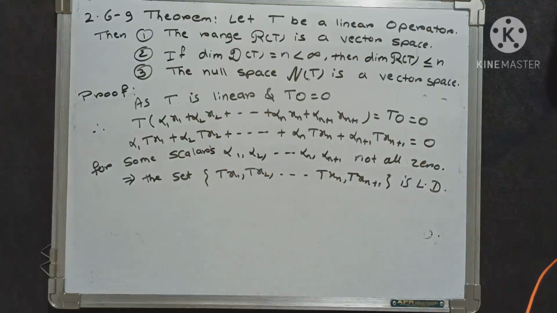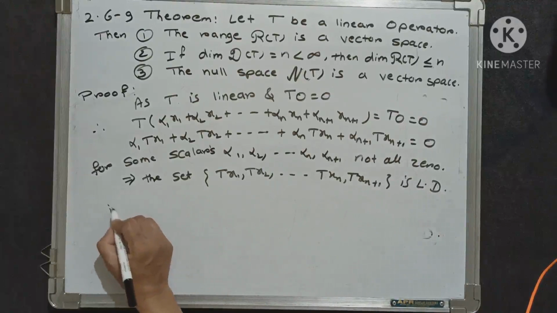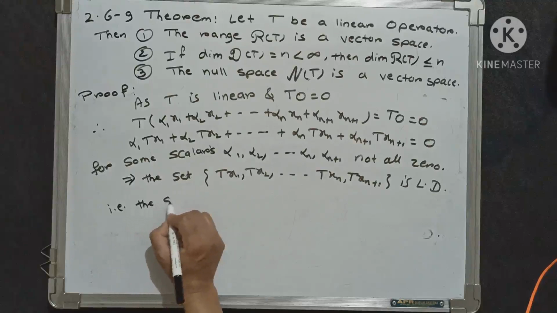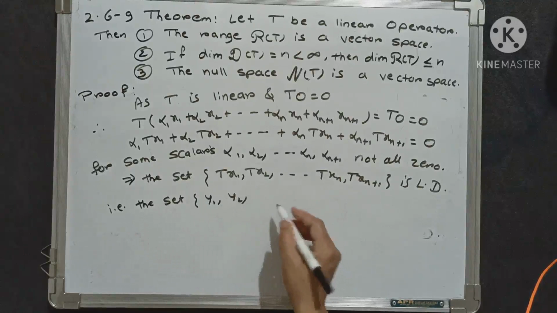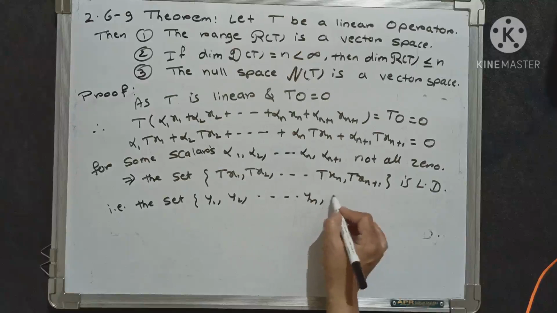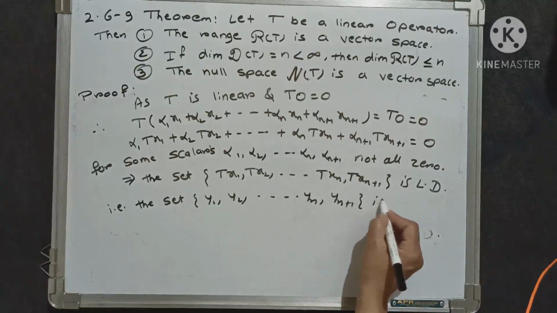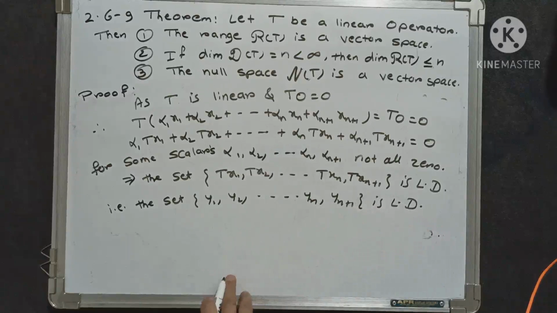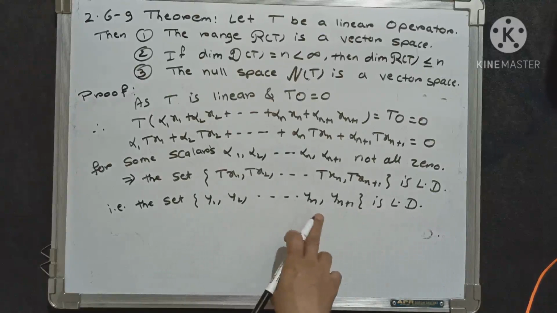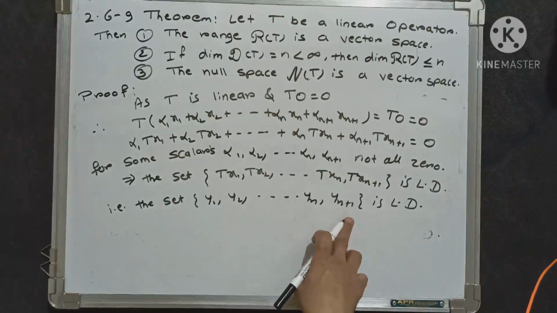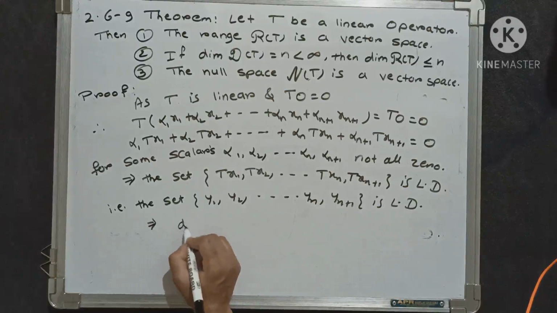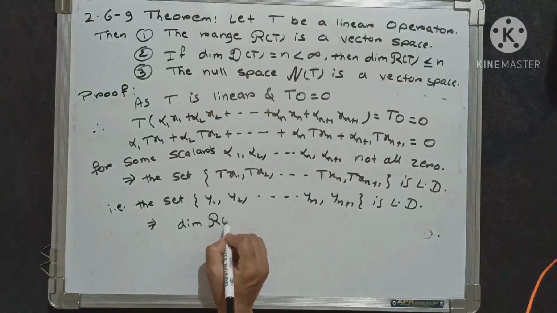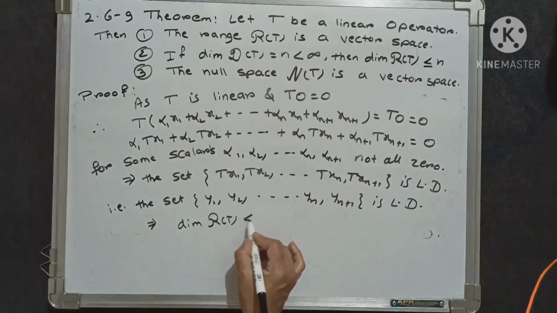Now putting the values of Tx1, Tx2 and so on, we get that the set y1, y2 up to yn plus 1 is linearly dependent. As a set containing more than n elements is linearly dependent, it implies that the dimension of the range is less than or equal to n.